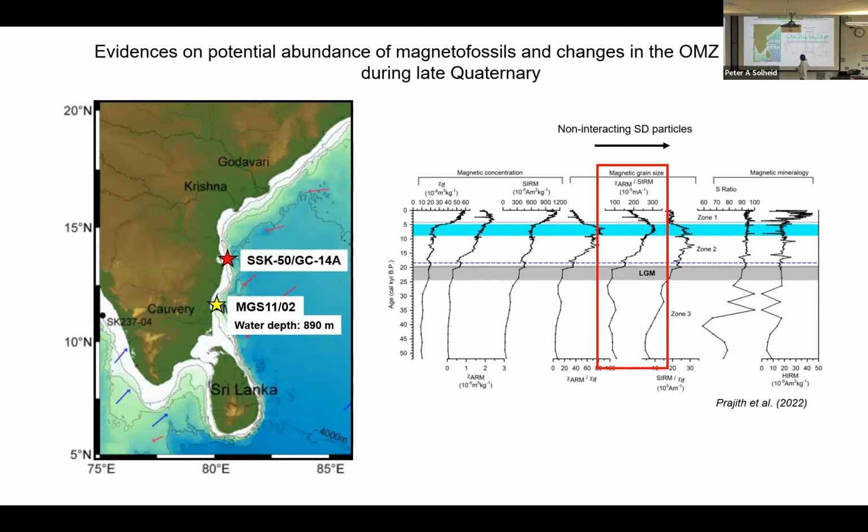And this study was not only based on the magnetic mineral concentration, but they also did geochemical and some paleontological analysis through a multi-proxy approach. They recommend that the OMZ strengthening and weakening has happened over the last 40 or 50 kilo years.